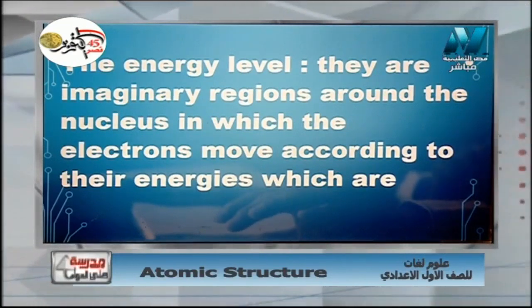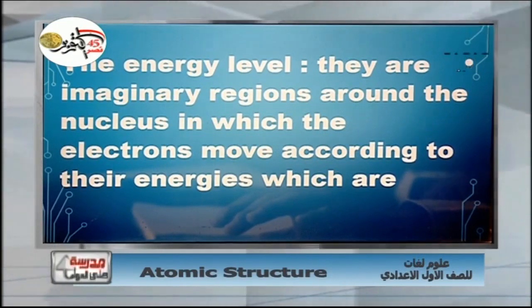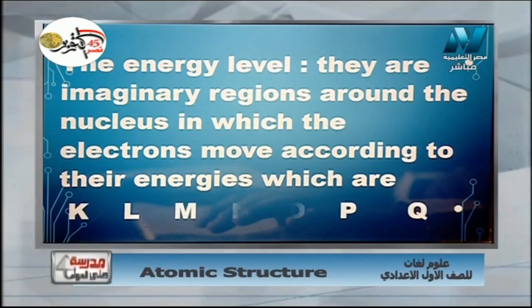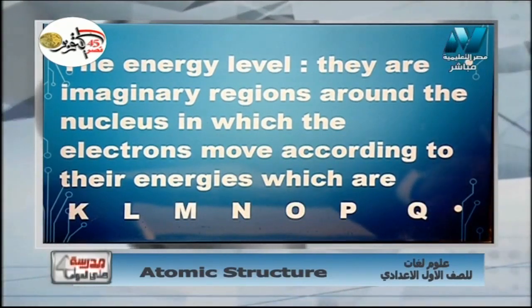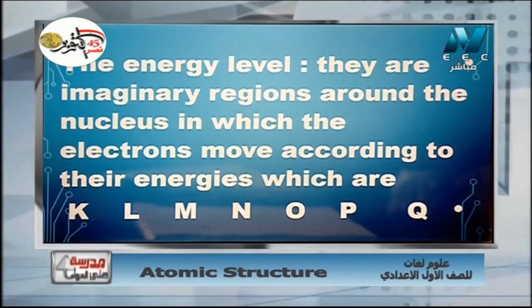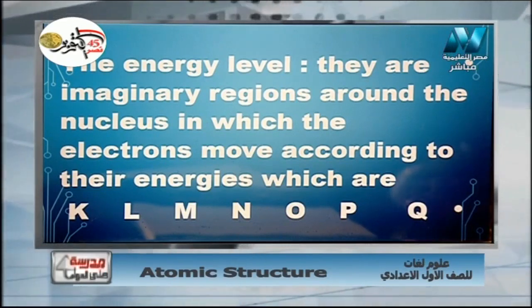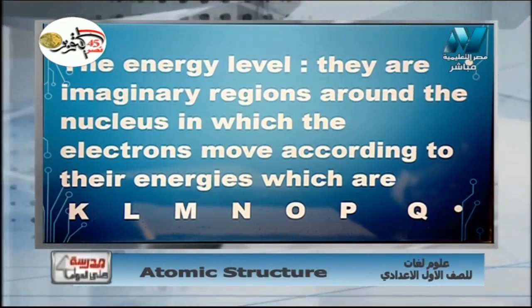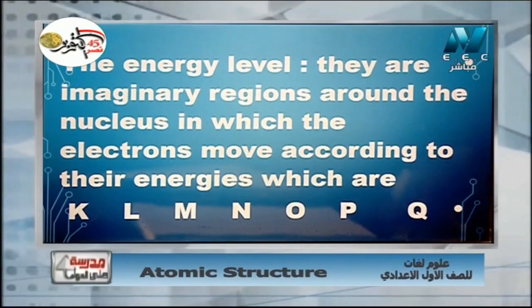They are imaginary regions around what? Around the nucleus, in which the electrons move according to their energies. And the energy levels are K, number 1, L, number 2, M, number 3, N, number 4, O, number 5, P, number 6, Q, number 7.